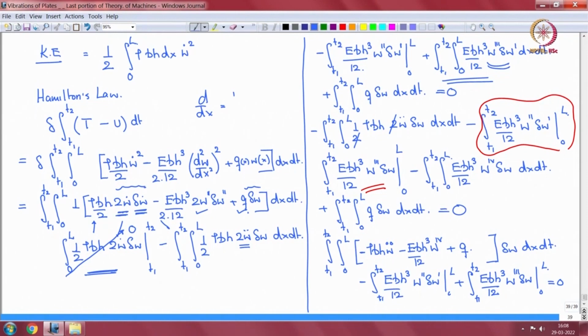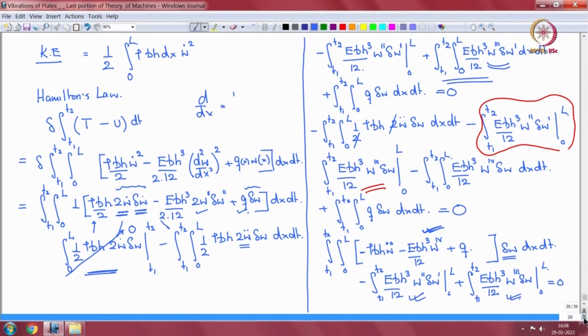And now for any arbitrary variation that is possible, this term must be 0, and so we set the differential equation and the boundary conditions to zero independently.